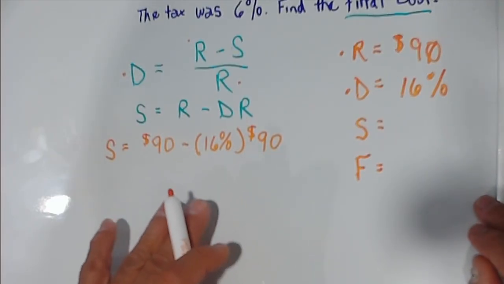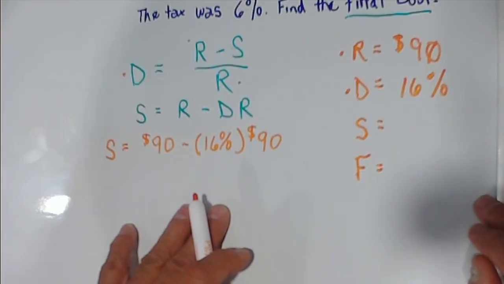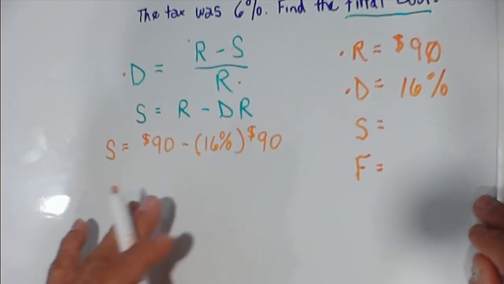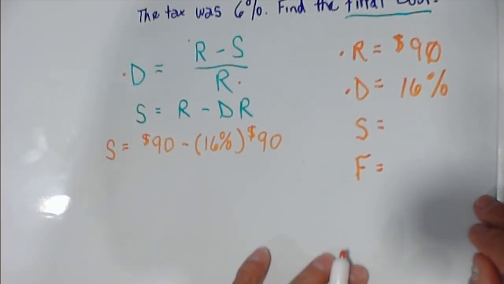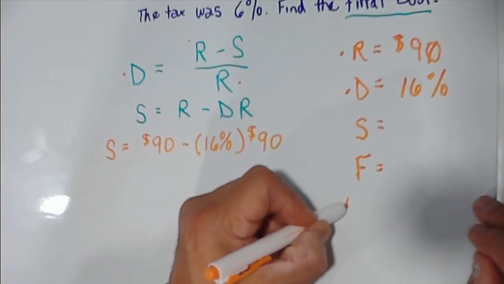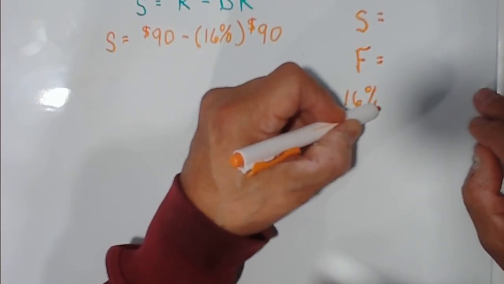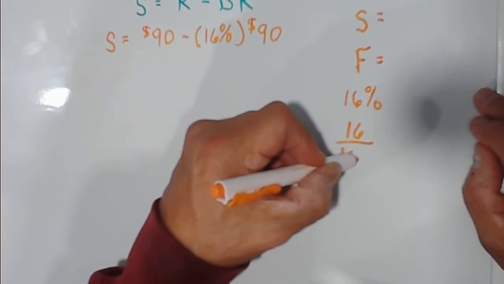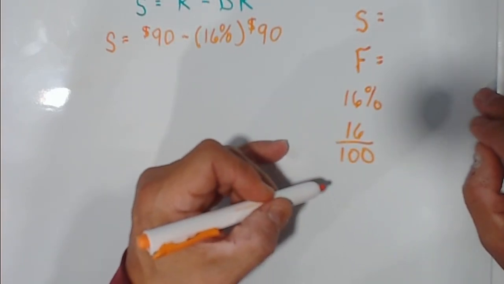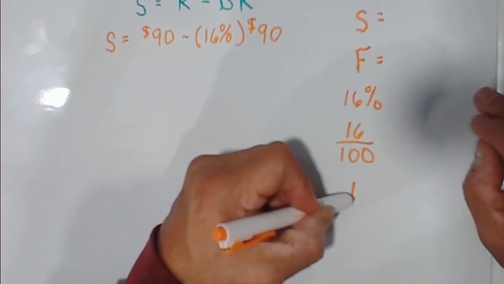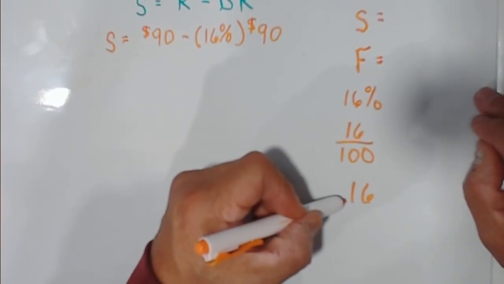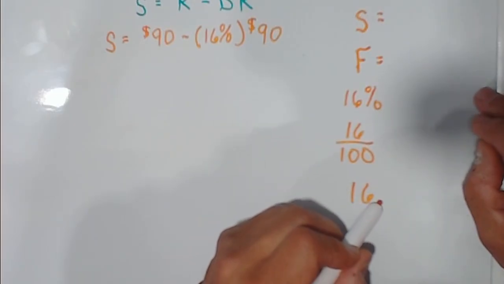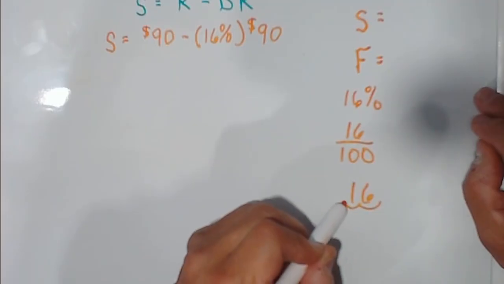How do we write 16% as a more usable number? 16% means 16 per 100, so I can divide 16 by 100 by moving the decimal place two places.